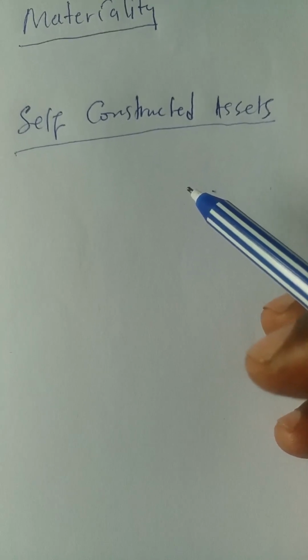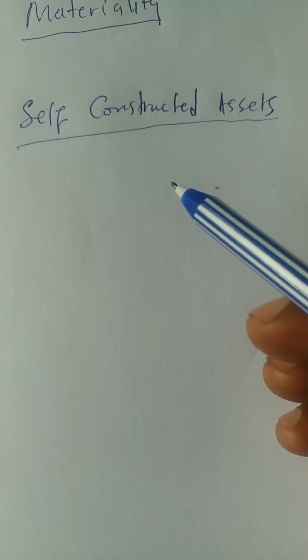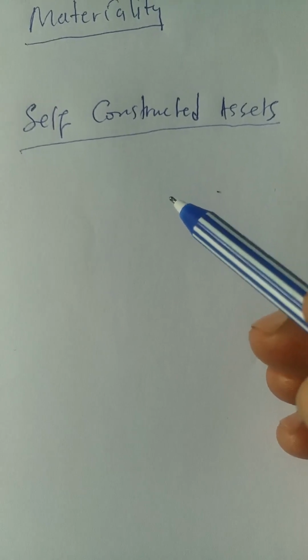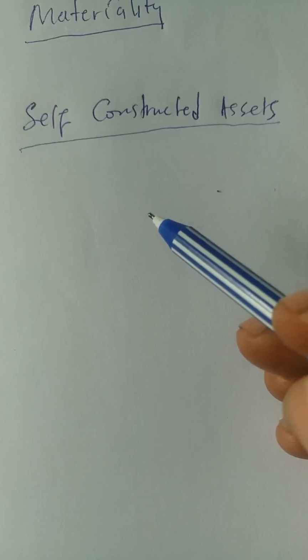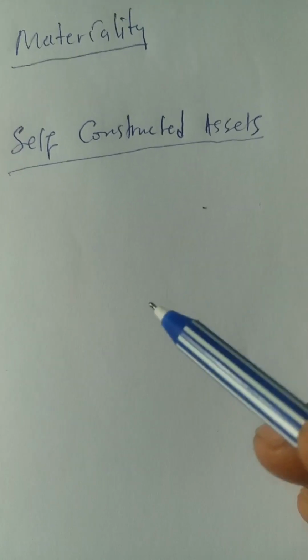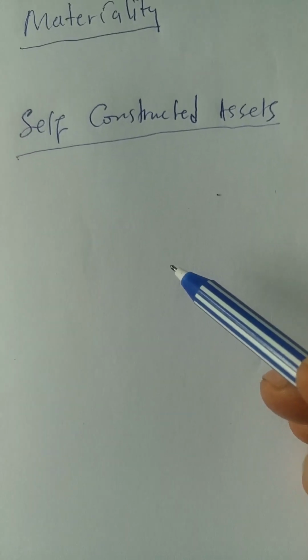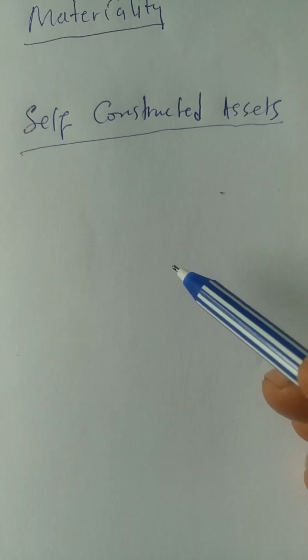So the treatment of such self-constructed assets is that you add their cost together with the main cost for the building. That's what we need to know. That's how accounting treats these things.